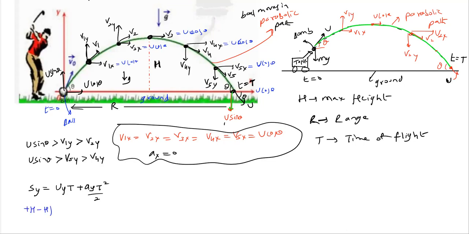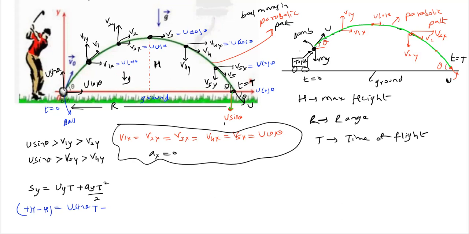Plus h minus h equal to u sine theta. What is the vertical component here? u sine theta, times t. What is the acceleration along the y-axis? It is g, no? And this g is acting opposite to this u sine theta, so therefore we should take negative.